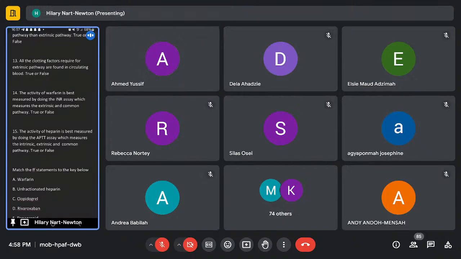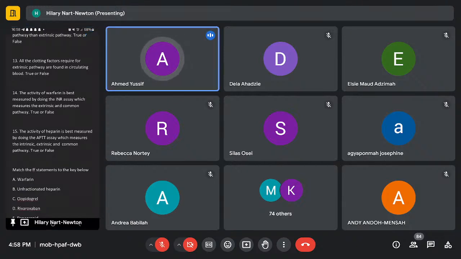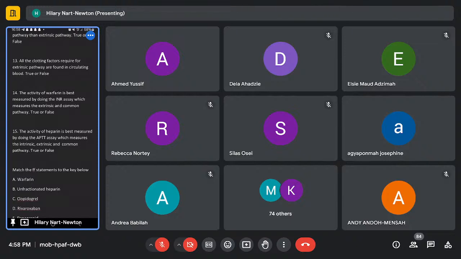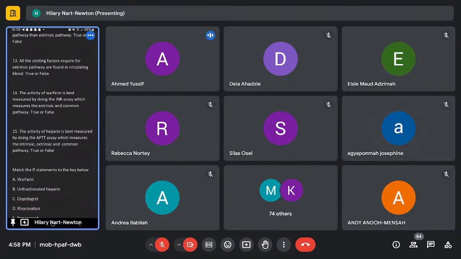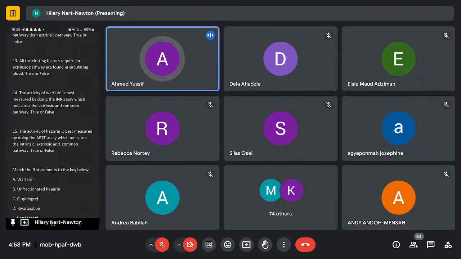INR targets extrinsic. Is it a true statement or a false statement? True statement. Yes. Yeah, so that's a true statement.